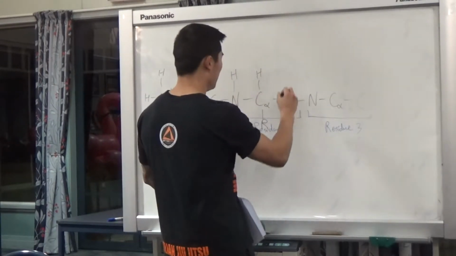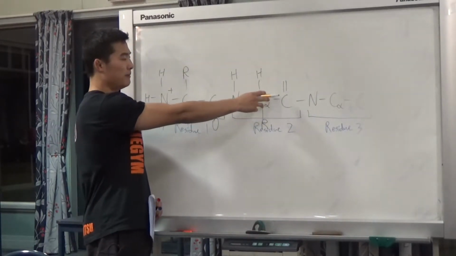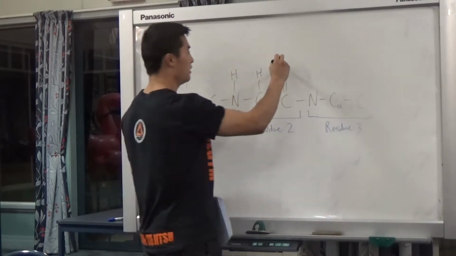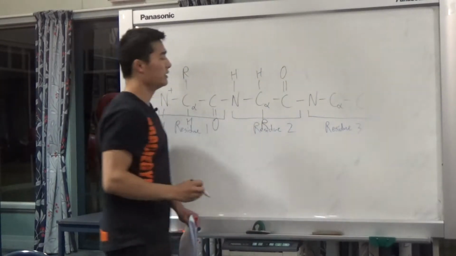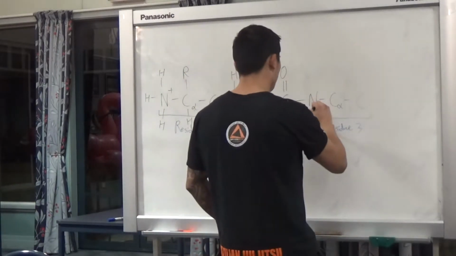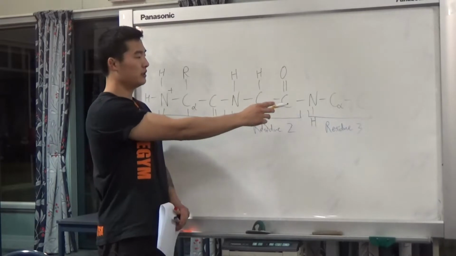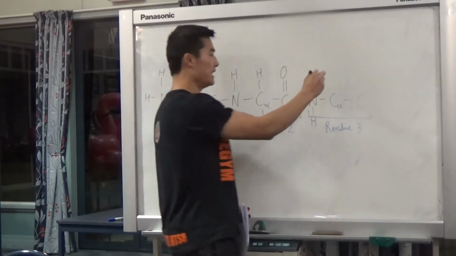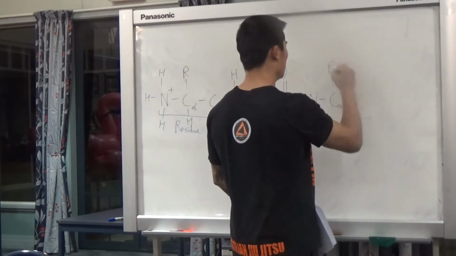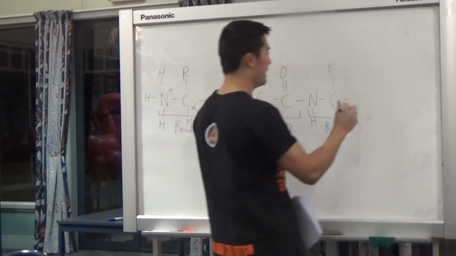And then the double bonded O for the carboxyl carbon is going to be opposite the R group. So it's going to go up this time, and then the hydrogen can go opposite the O. And then for this last one, the R group will go upwards, and the hydrogen group will go down.